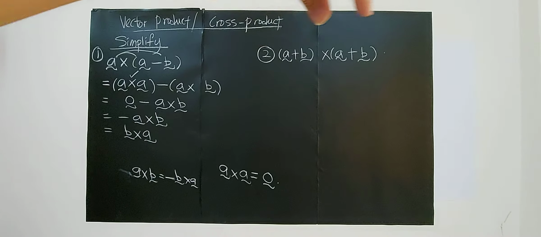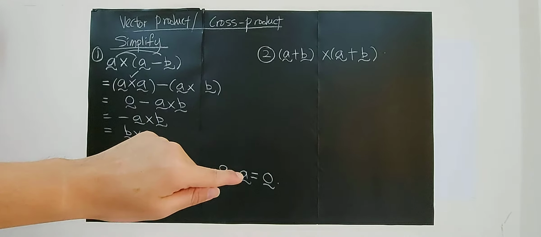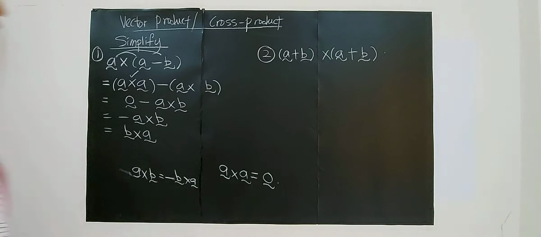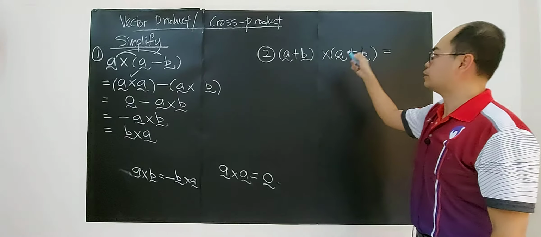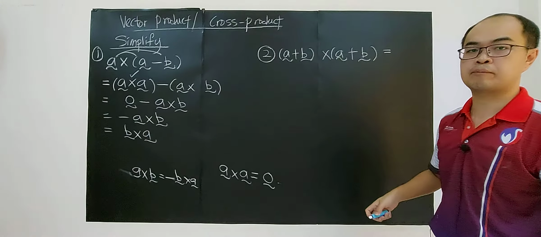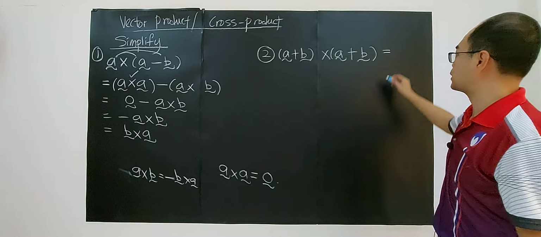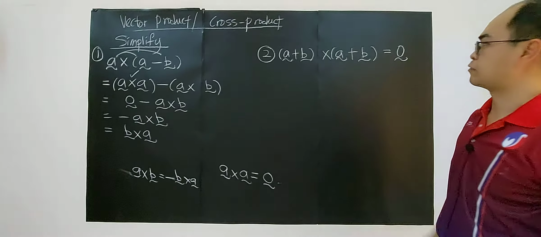They are identical vectors. So based on this property, A cross A gives a zero vector. So an easier way of doing this is, as long as these two vectors are parallel, and happen to be the same vector, definitely you will get a zero vector. That is the simplification here.